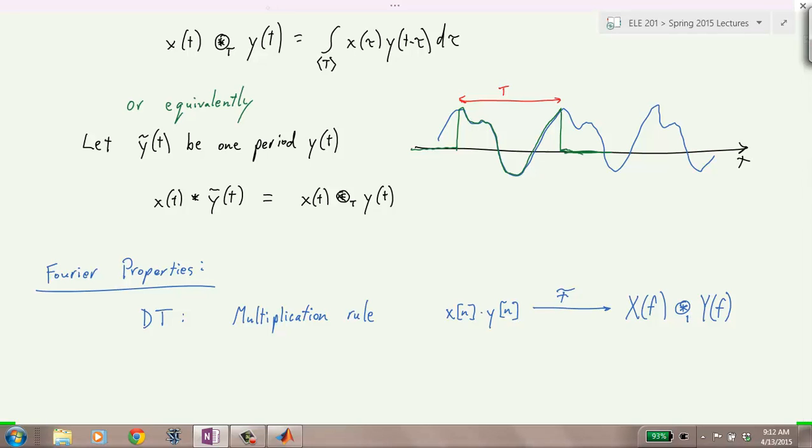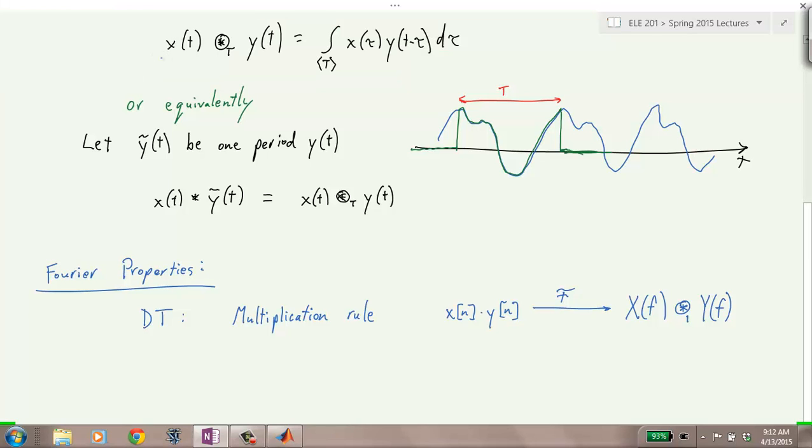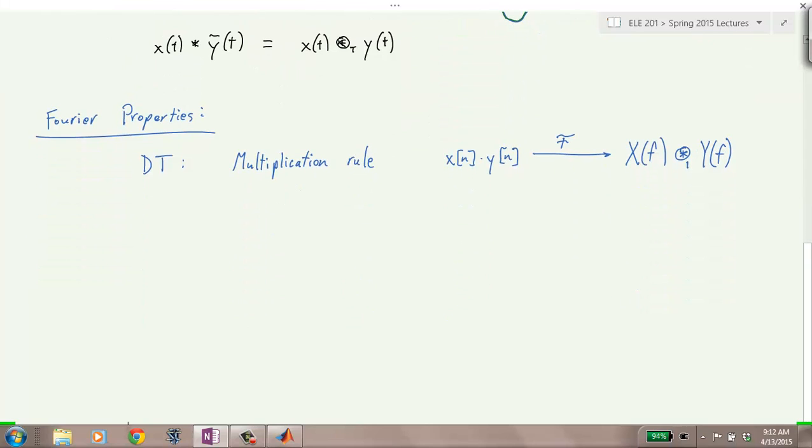Another rule we can look at is the continuous time Fourier series. And here, of course, now we're going to look at a convolution rule.